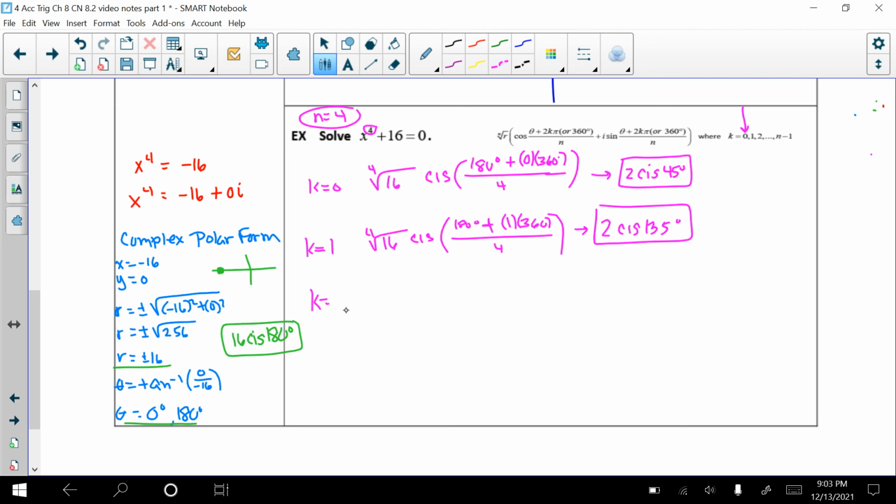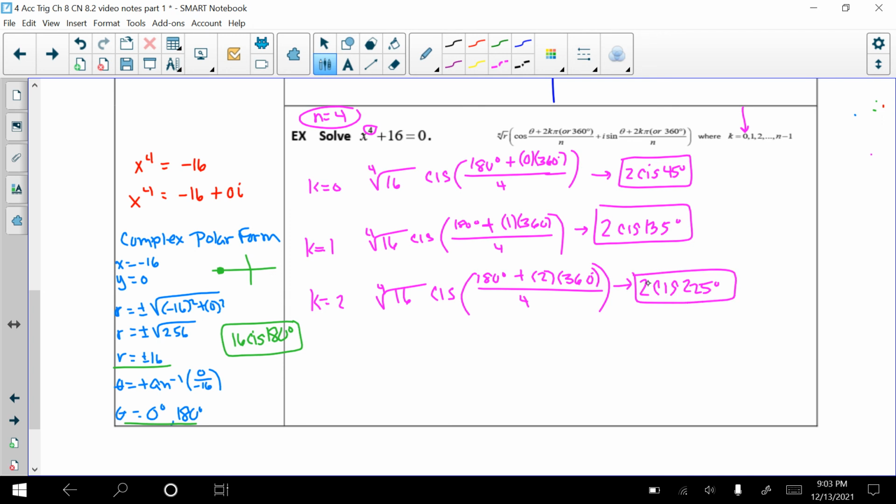Okay, k equals 2. So the fourth root of 16 cis, angle expression 180 degrees plus 2 times 360, all over 4. Fourth root of 16, still 2, cis, 180 plus 2 times 360, I know that is 720. That's 900. Make sure you divide that by 4, and our result is 225.